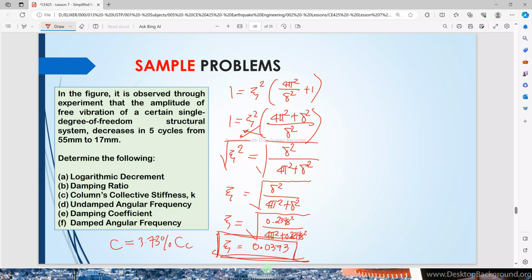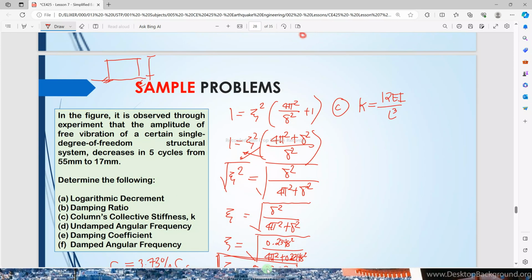Next, we are asked to find the collective stiffness K. So K is equal to 12 EI over L cube. So take note that it is not always 12 EI over L cube. Now, if our SDOF is fixed, and this is our L, then our stiffness is 12 EI over L cube for each column.